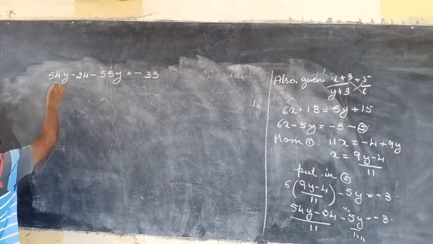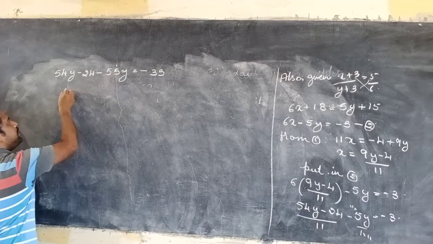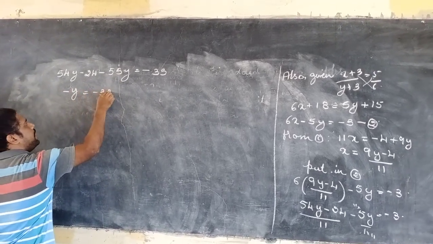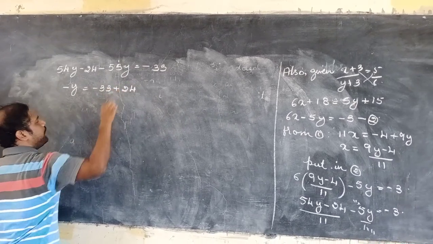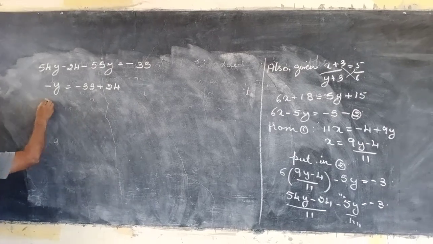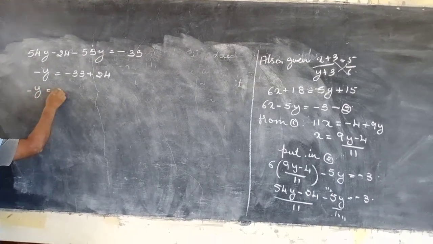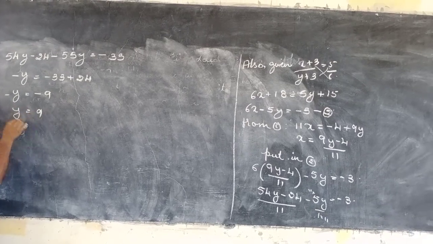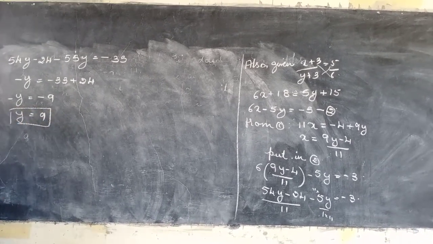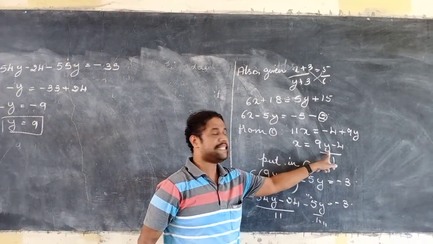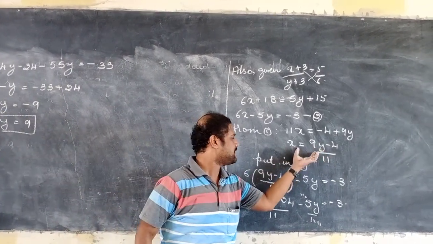So we have 54y minus 55y is minus y, and this is equal to minus 33 plus 24. So the answer is minus y is equal to minus 9. Therefore the value of y is 9. So we find the value of x by substituting y is equal to 9 in this equation.